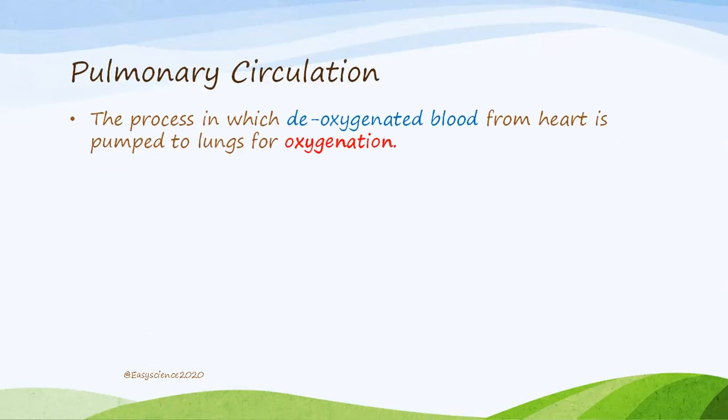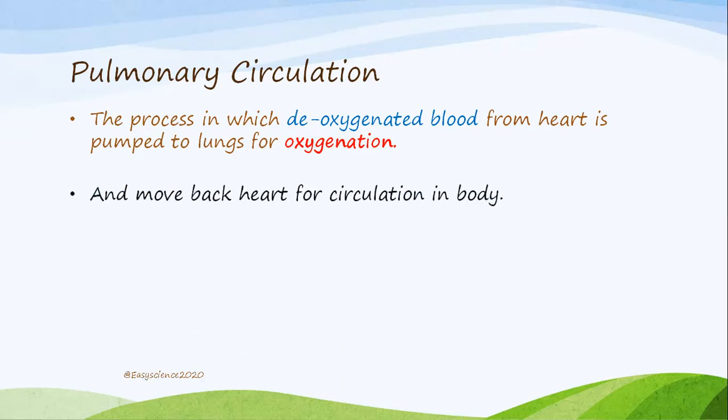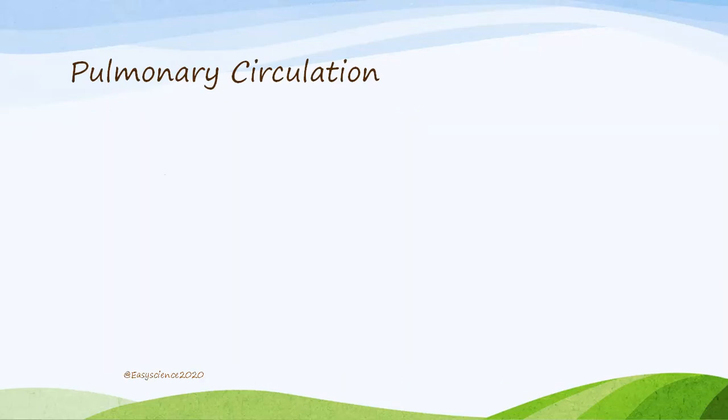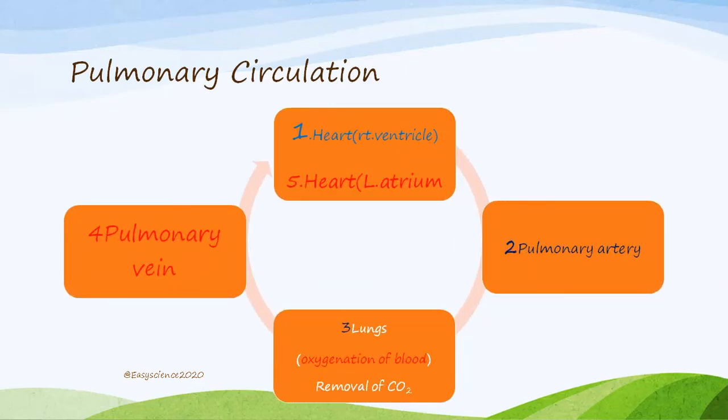Now next one is pulmonary circulation, the process in which the deoxygenated blood from heart is pumped into lungs for oxygenation and moves back to heart for the circulation in the body. Now look at here, the heart. From right ventricle, this deoxygenated blood, let's say impure blood, is carried by pulmonary artery.